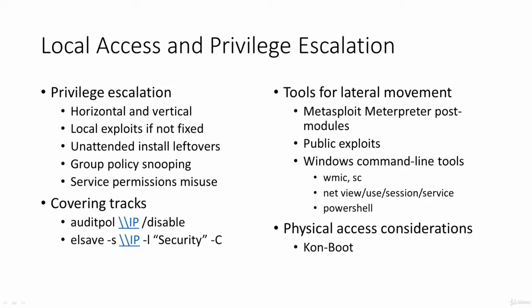Okay, one other thing that you might be interested in, if it's a part of your rules of engagement, is covering the tracks of your presence in the system. So there are these two methods to do that. So there are tools. Audit policy control just disables auditing, filling in event logs in the system on a specific IP address or host.